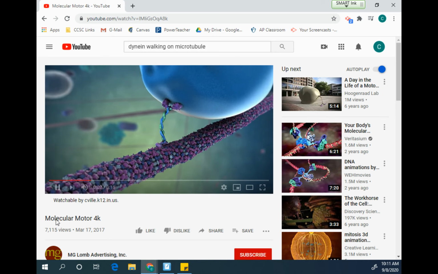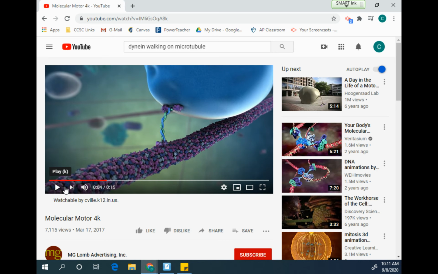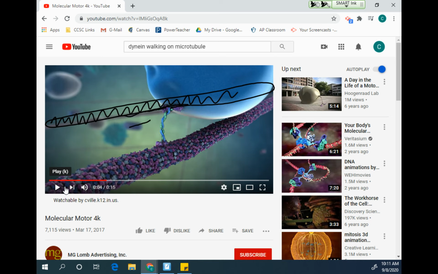So let's see. If we were another microtubule right here instead of this cell, if this one was staying in place, but it were walking this way, it would essentially cause the entire thing to move this way and bend.